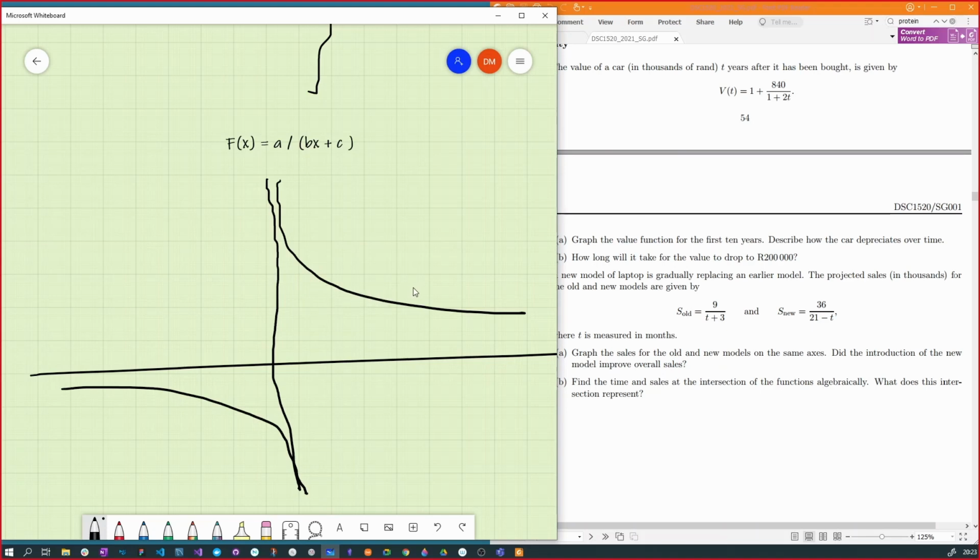So what they're saying here is if a is smaller than 0, then the asymptote, an asymptote is obviously the line that the graph tends towards but never actually touches. So if a is smaller than 0, then we have a horizontal asymptote, right?